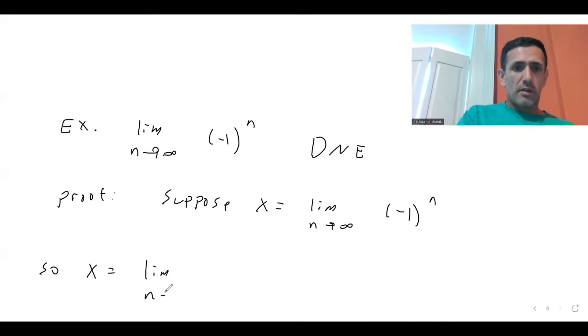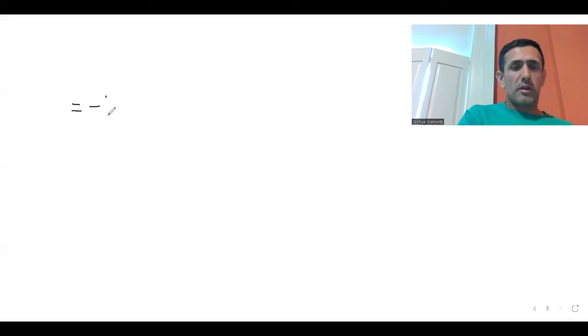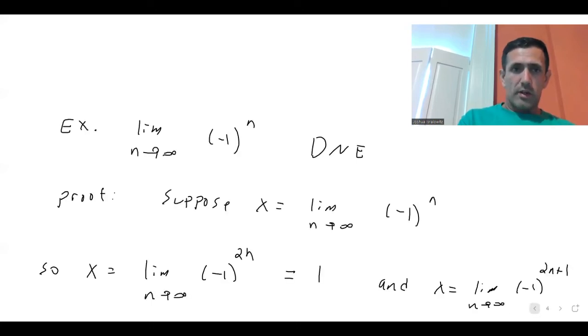So let's look at the even and the odd terms. Obviously, the even terms are 1. So in the homework, you can just say the even terms is 1, the odd terms is -1. You can't have a number being both 1 and -1. That's absurd. I guess I forgot that little square thing here.